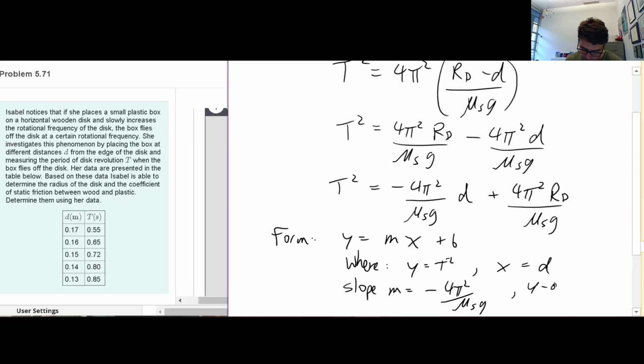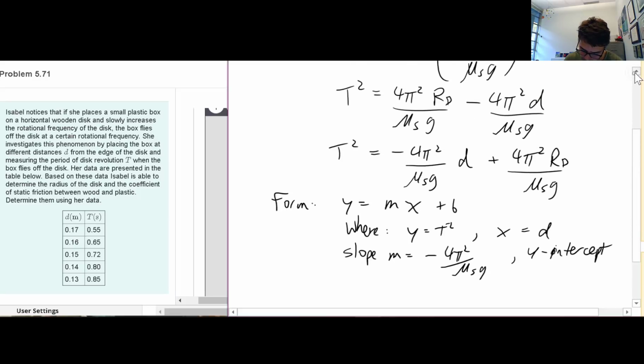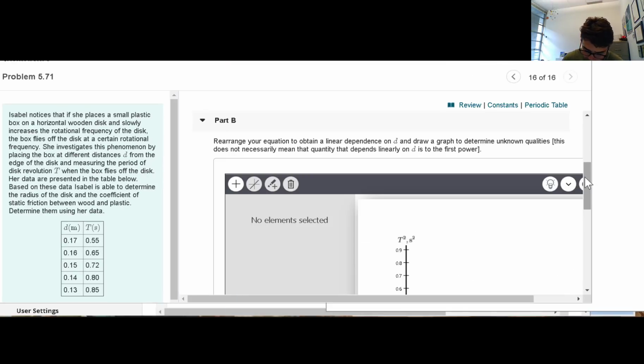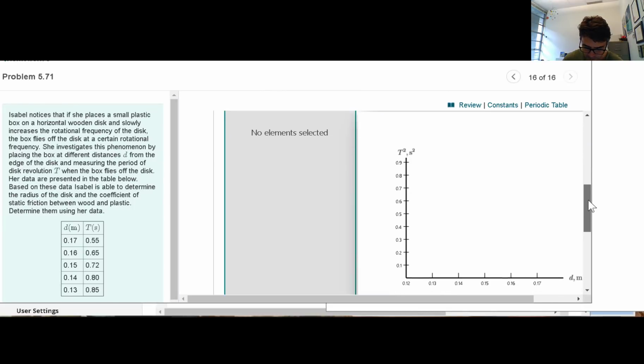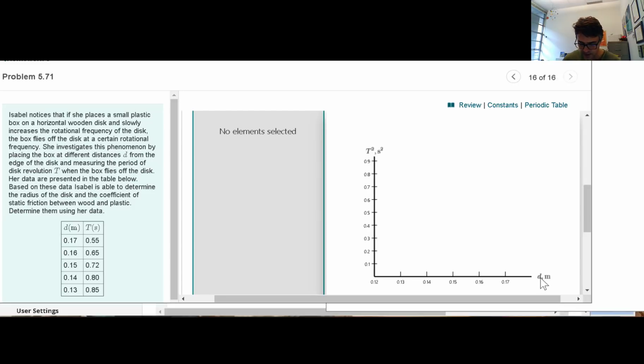And the y-intercept b is equal to 4 pi squared times the radius of the disk divided by mu sub s times g. So if we already know mu sub s from the slope, we can find the radius of the disk from the y-intercept. So it's good to have that equation now: y equals mx plus b, where y is the t squared and d is the x coordinate. That's what we're going to graph here.